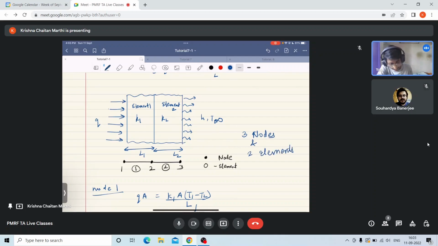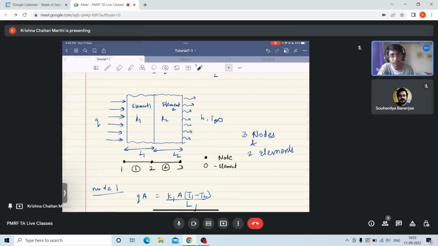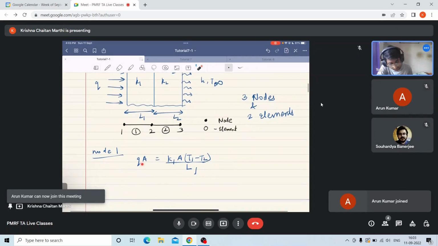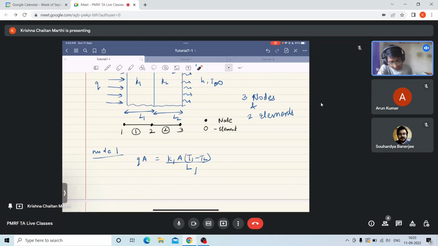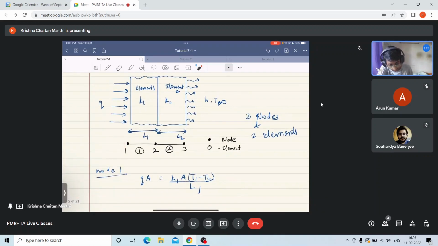Let us write the energy balance equation for node 1. For node 1, q times A, which is the total heat, is equal to k1 A (T1 minus T2) divided by L1.